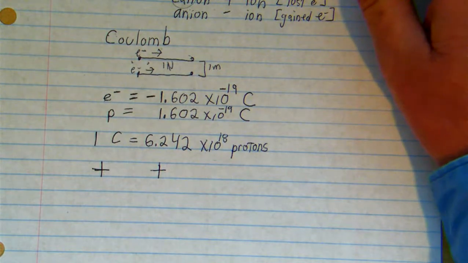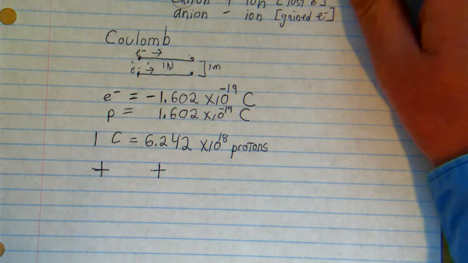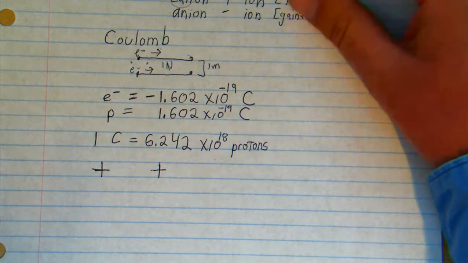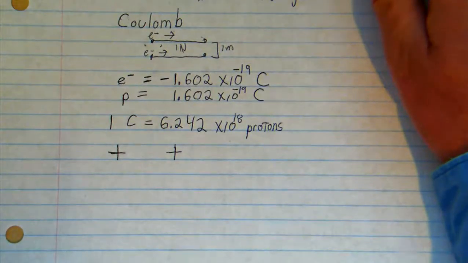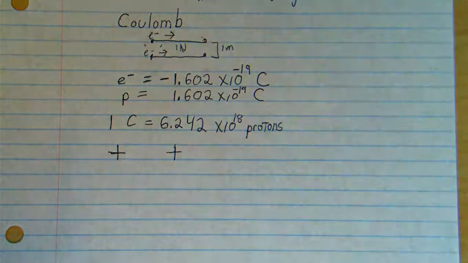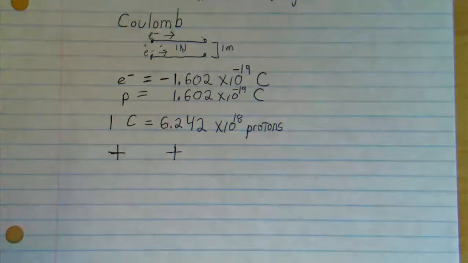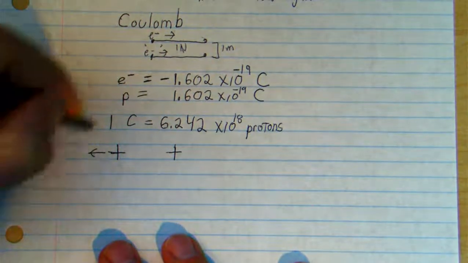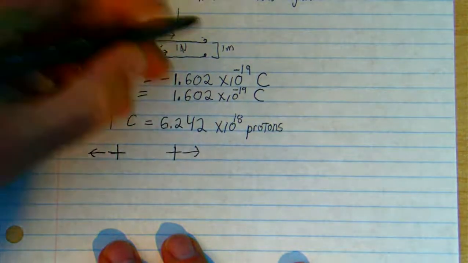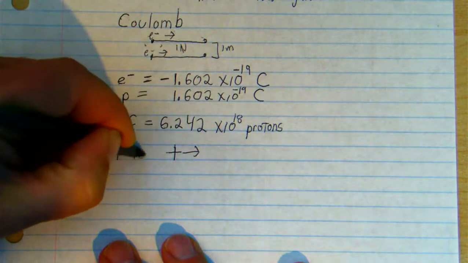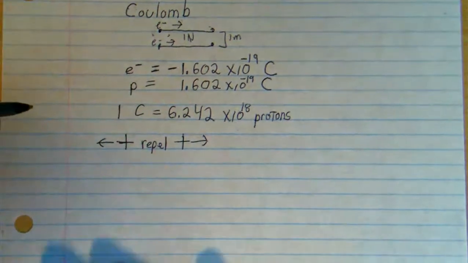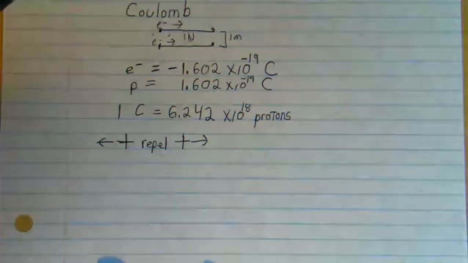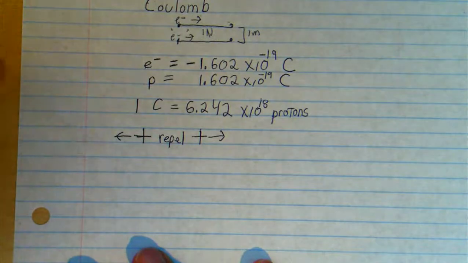Noah C., what will they do? They will try and stay away from each other. Exactly. They will push each other apart. In fact, we would say they repel each other. So 2 positive charges will push each other apart.